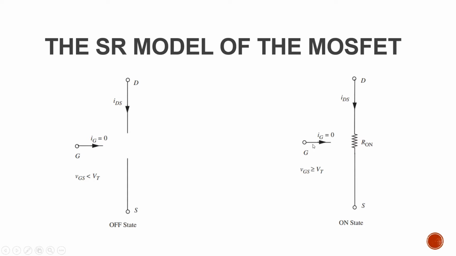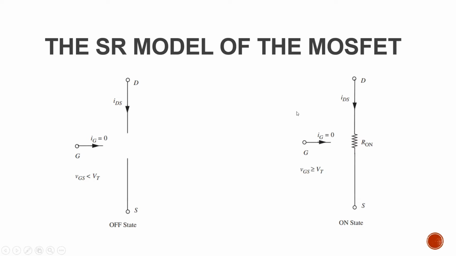Because in a MOSFET, from the construction point of view, there is an SiO2 layer, which acts as an insulator. So whether the device is on or off, the gate current is still 0. This observation you must remember, guys.